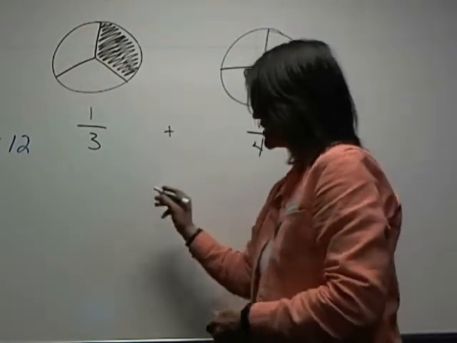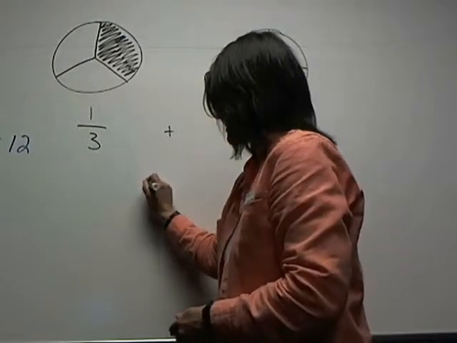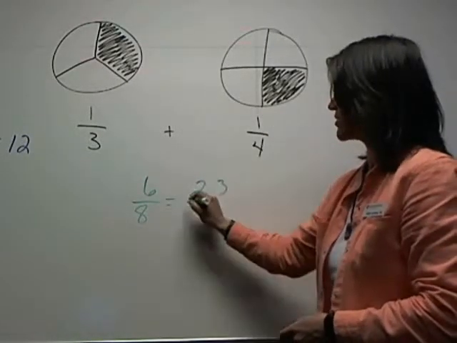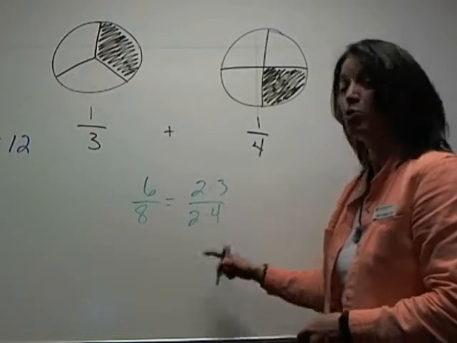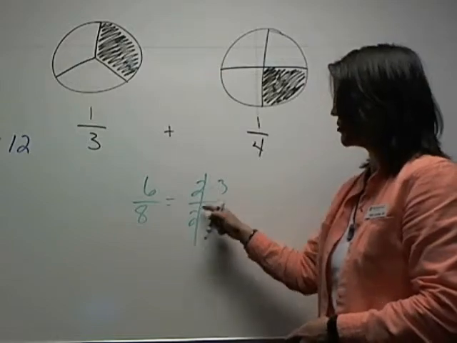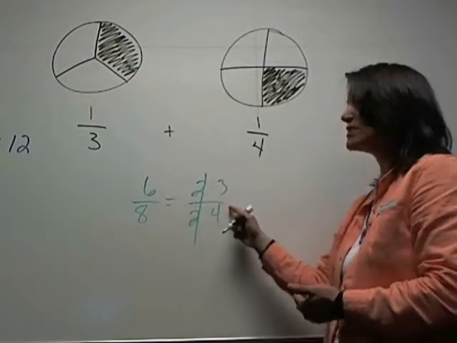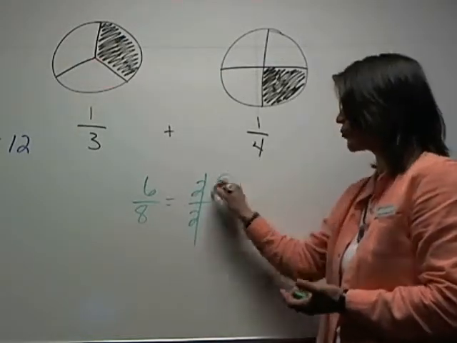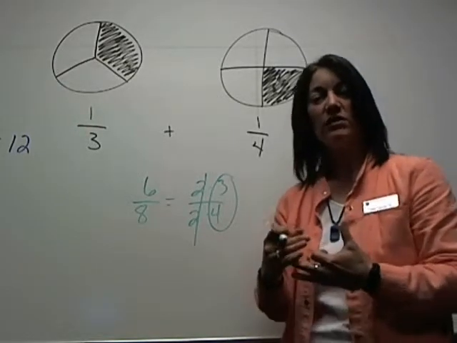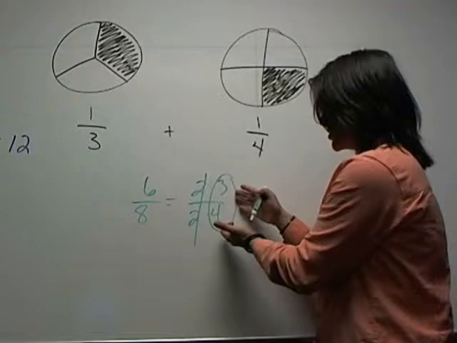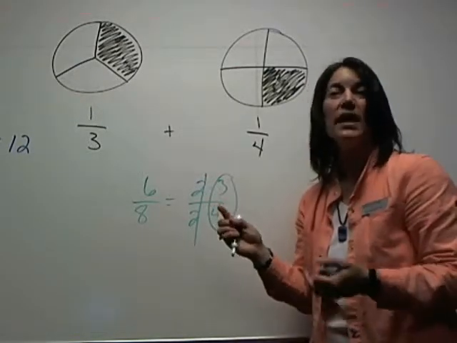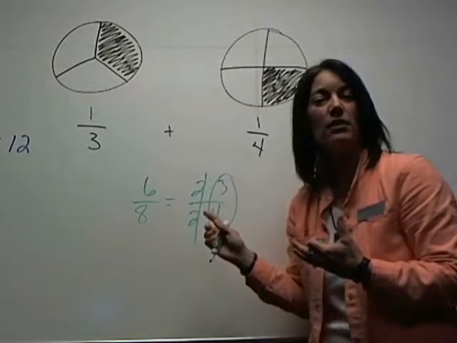Well, last week we had something like 6/8, and we said, oh, there was a common factor of 2 in there, so we canceled that out because anything over itself is 1, and 1 times anything is anything to get our reduced fraction. What we're doing this week is the reverse. We're starting with something smaller and saying, hey, I can take this number times 1 and get the same number back.